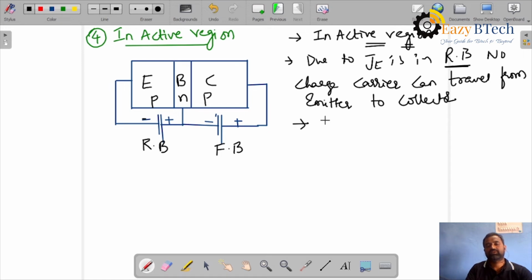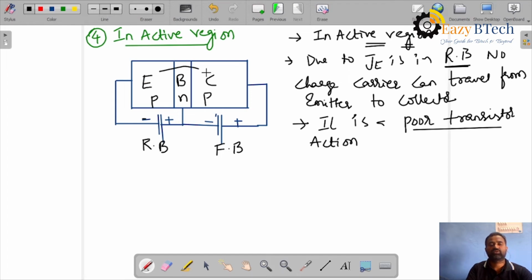That is why it is a poor transistor action. Because no movement of electron from emitter to collector. Because itself it is a reverse bias. How it starts emitting? No.